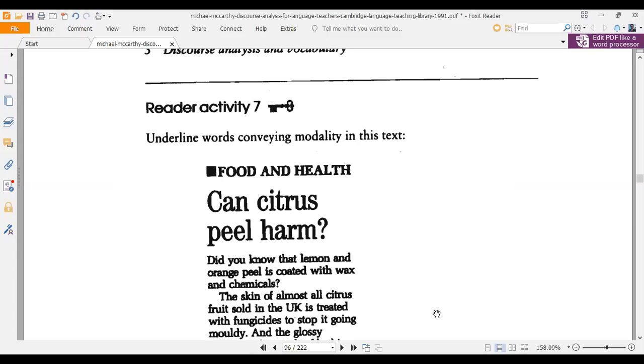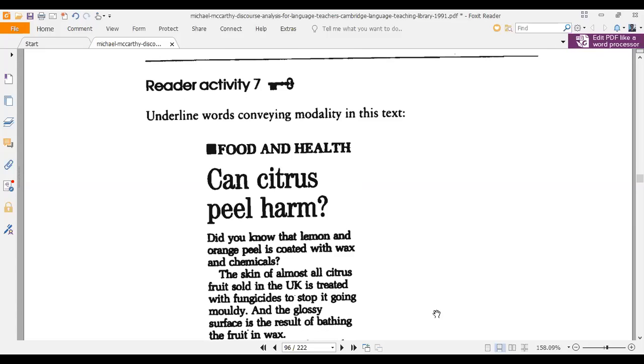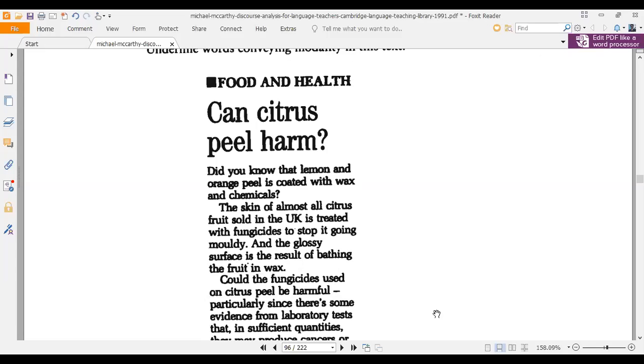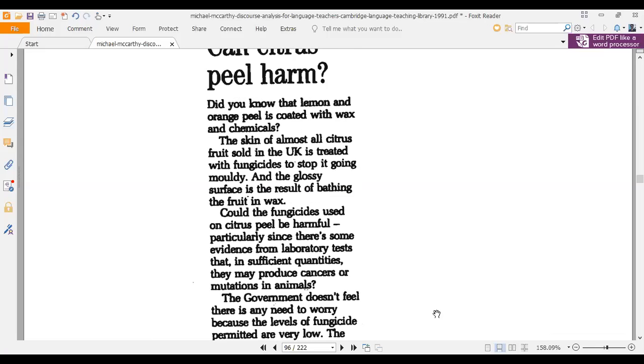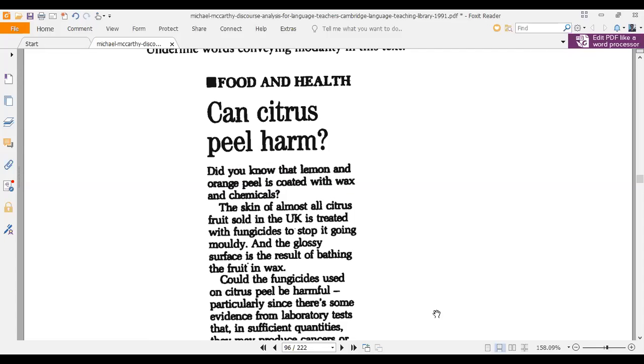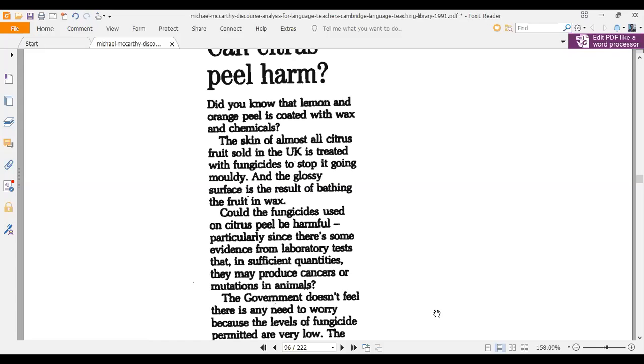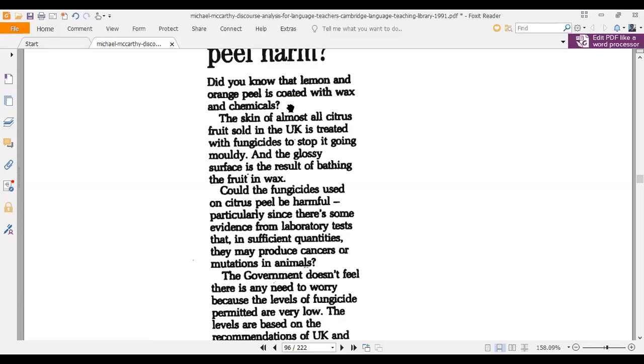And here is another example. Underline the words conveying modality in this text, food and health. It's a newspaper article titled "Can citrus peel harm?" Did you know that lemon and orange peel is coated with wax and chemicals? The skin of almost all citrus fruit sold in the UK is treated with fungicides to stop it going moldy, and the glossy surface is a result of basting the fruit in wax.